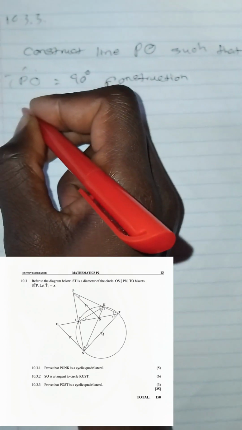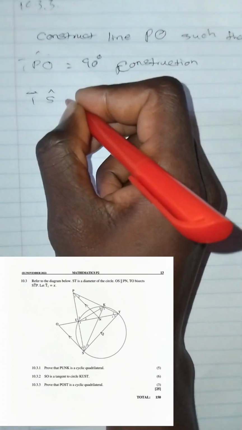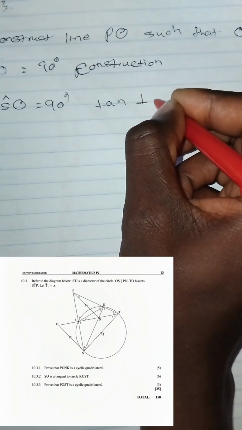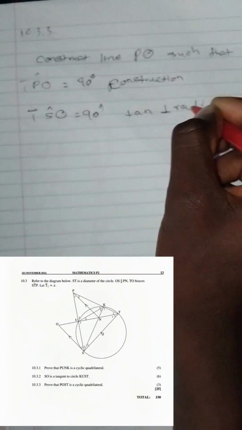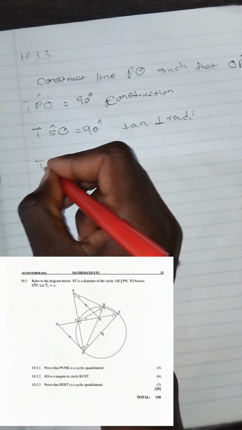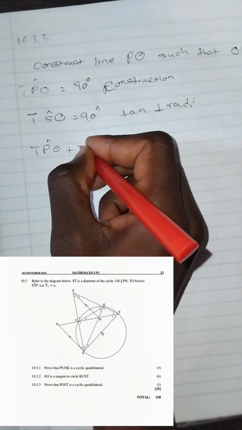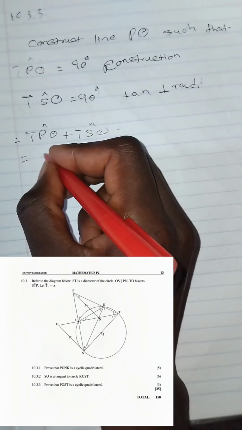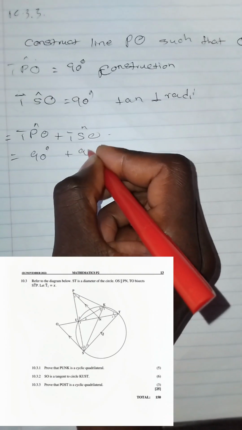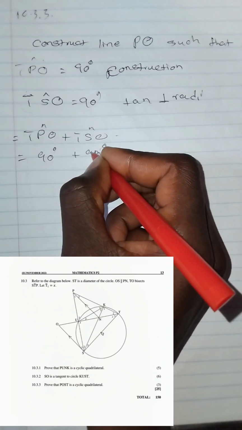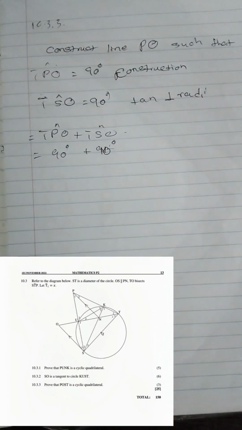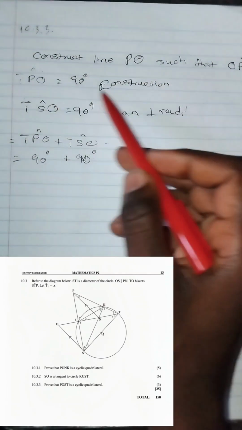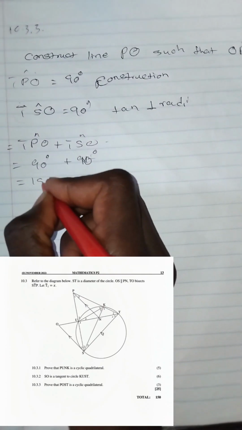And then TSO is equal to 90, tangent perpendicular to radius. So therefore TPO plus TSO is equal to 90 degrees plus 90 degrees. Remember, here we are proving, so we have a right to construct. That's why we constructed PO. This gives you 180 degrees.